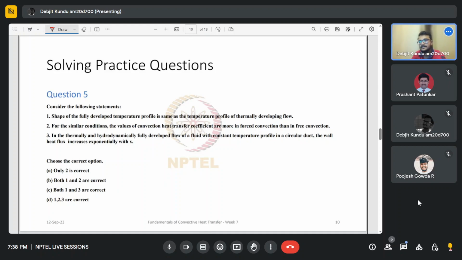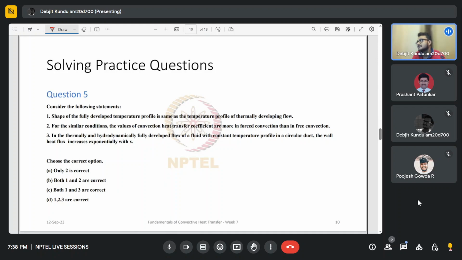Statement 1 says that shape of the fully developed temperature profile is the same as the temperature profile of thermally developing flow. Statement 2 says that for similar conditions, the values of convection heat transfer coefficient are more in forced convection than in free convection.